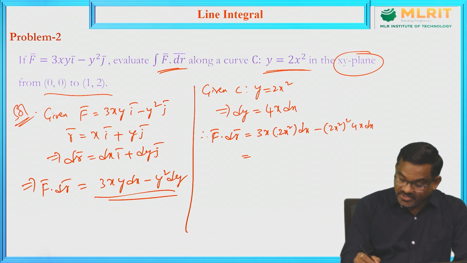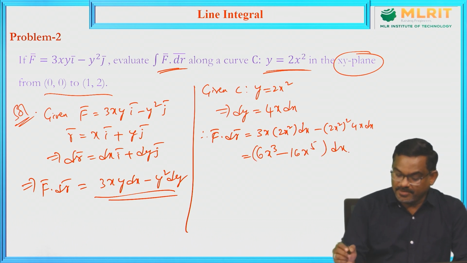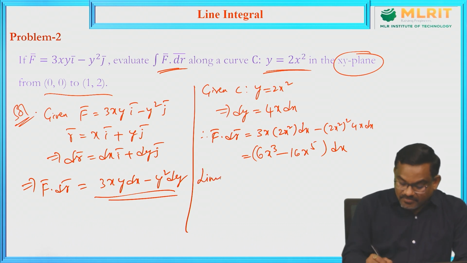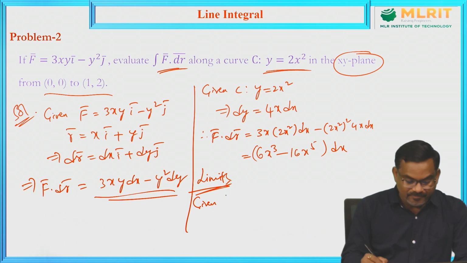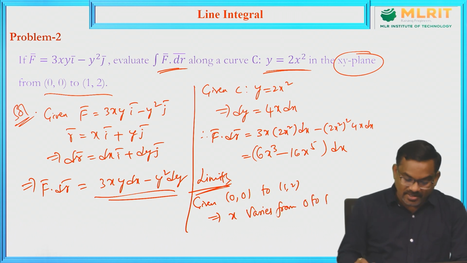So, this is 3 into 2, 6x cube, minus 2 square is 4, 4 into 4 is 16x power 5 dx. So, completely it is in terms of x. So, I need the limits of x only to integrate. Given (0, 0) to (1, 2), that implies x varies from 0 to 1.